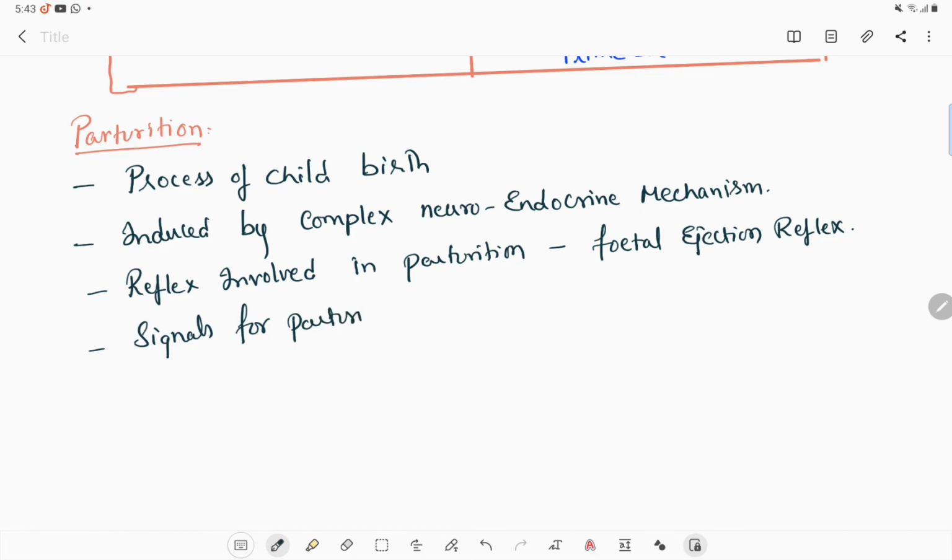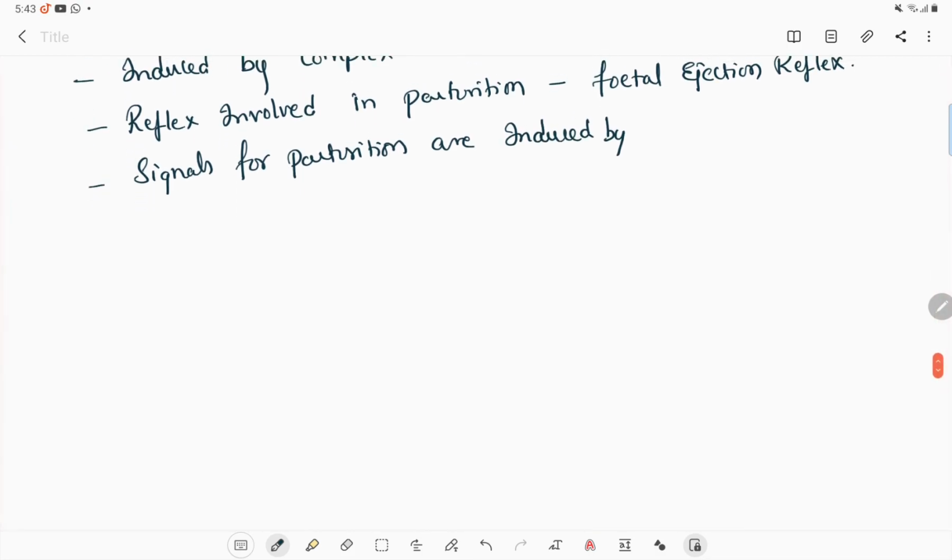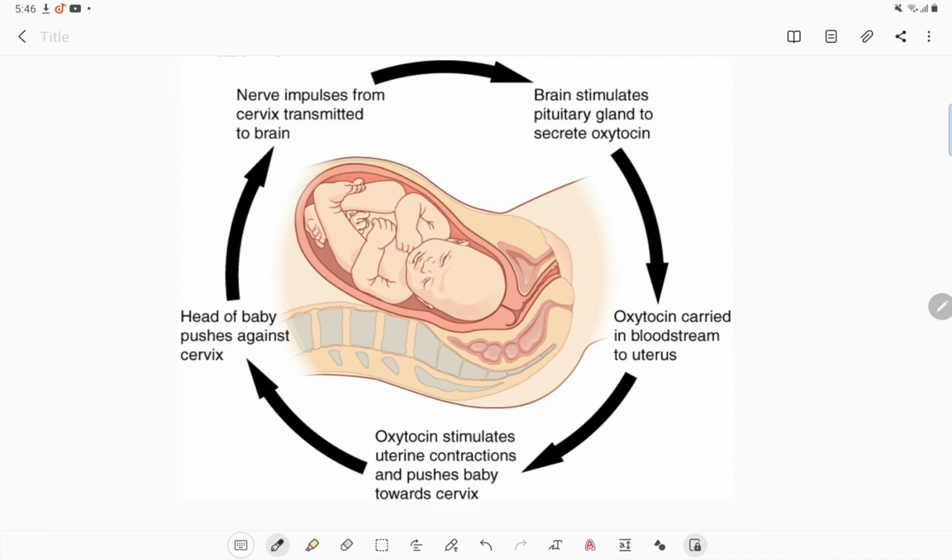Then signals for parturition are induced by first, the fully developed fetus, and second, the placenta. You can see here the diagrammatic representation.